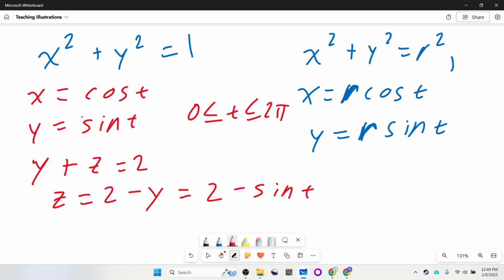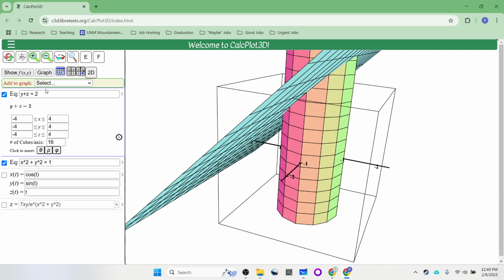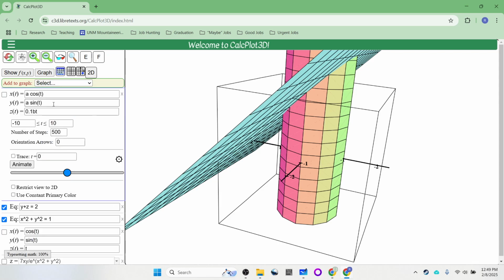So you need to try to get rid of all the others. Let's take a look at that in our graph. Let's add a space curve. X is cosine of t. Y is sine of t. And z is 2 minus sine of t.